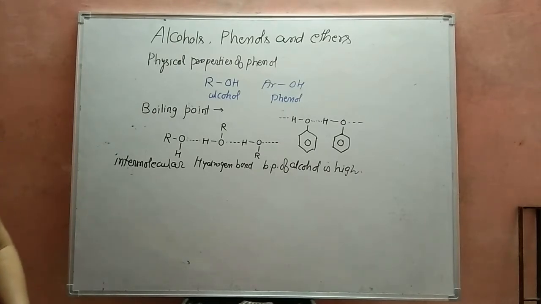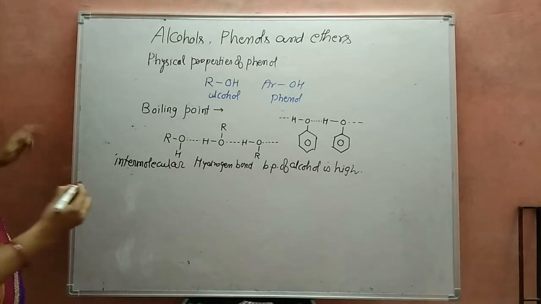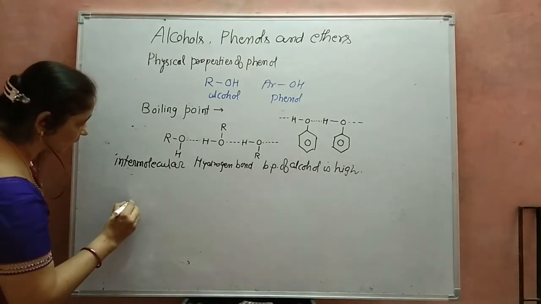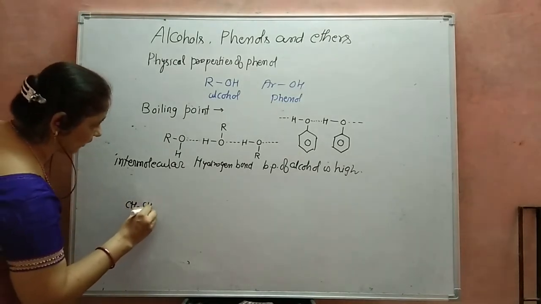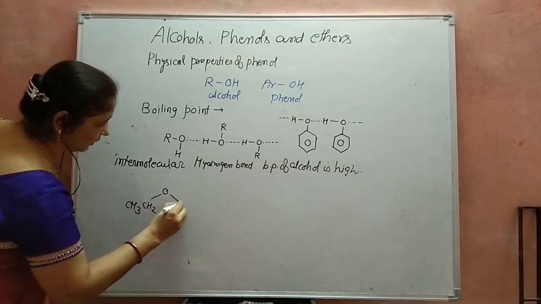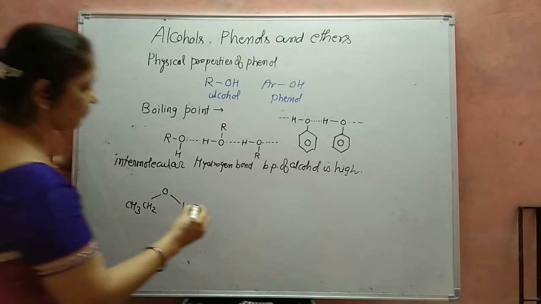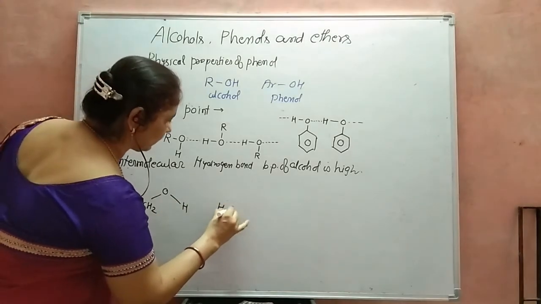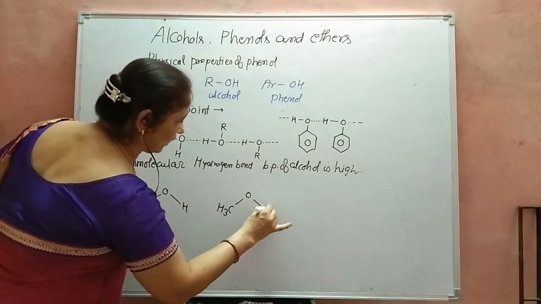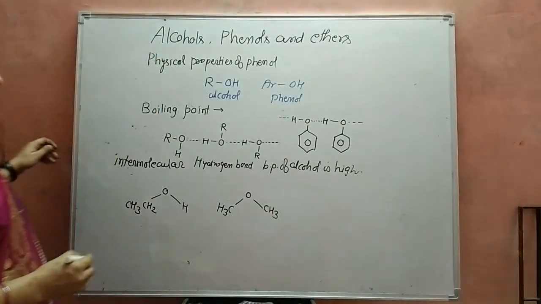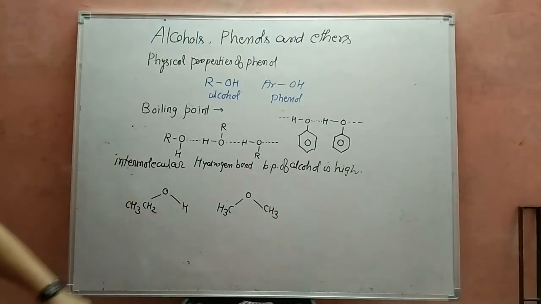See one example of this. This is the compound CH3CH2OH. Another compound is CH3OCH3. This is alcohol, this is ether.